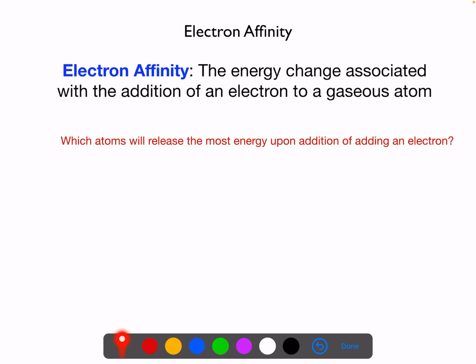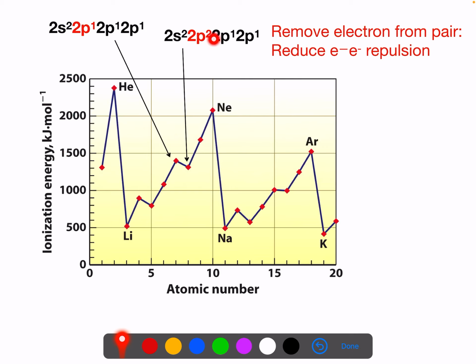This is the first time we see a spin paired electron. It's the difference between oxygen having a spin paired electron in the 2p's versus nitrogen, in which all the electrons are in different orbitals.